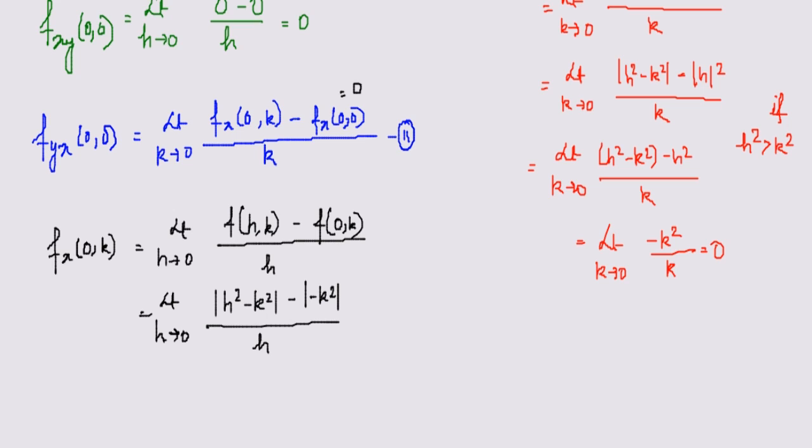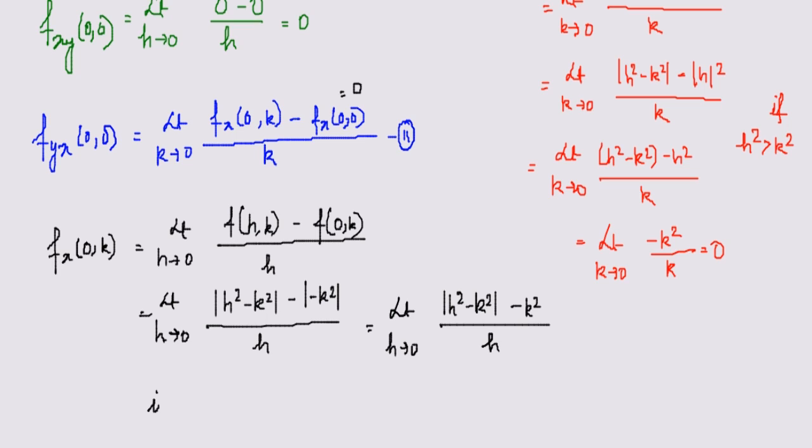We can write this simply as the limit as h tends to 0 of (|h² - k²| - k²)/h.